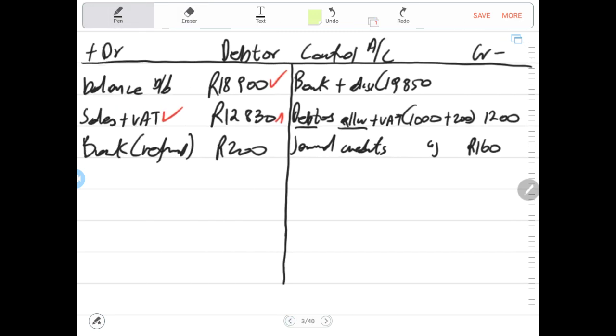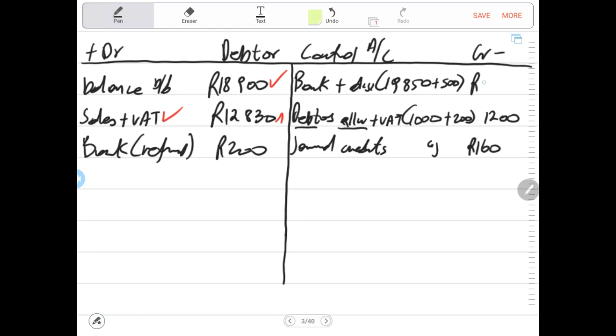Now, do we have bank and discount? Yes, we already have bank and discount, and that also includes VAT. Bank and discount is when we receive money from a customer. Where there is also a discount, we include it in the bank and discount. So now we are sorted with that.